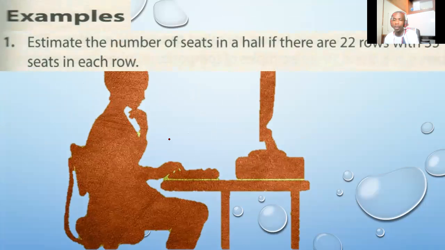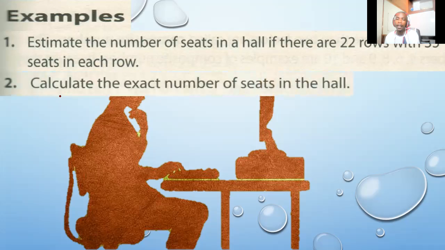Let's use this example before we close. Estimate the number of seats in a hall, if there are 22 rows with 35 seats in each row. The second question says, calculate the exact number of seats in the hall.